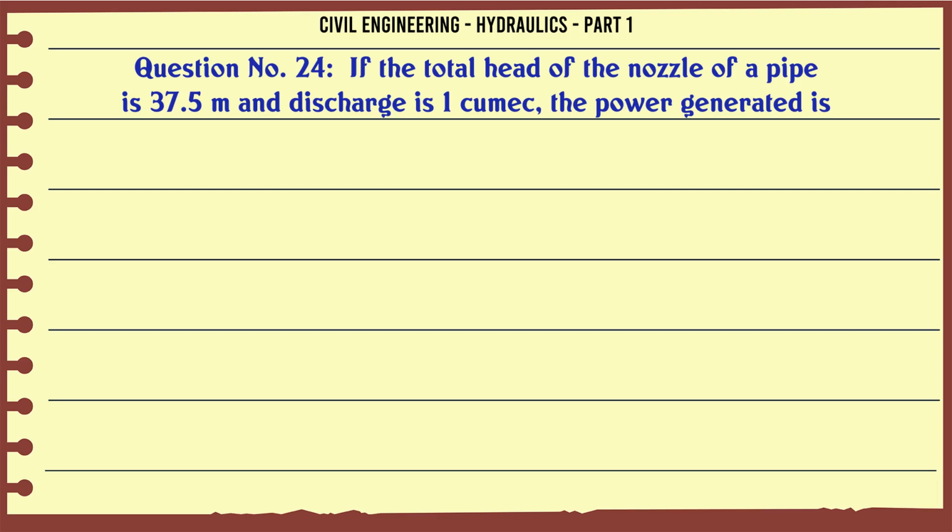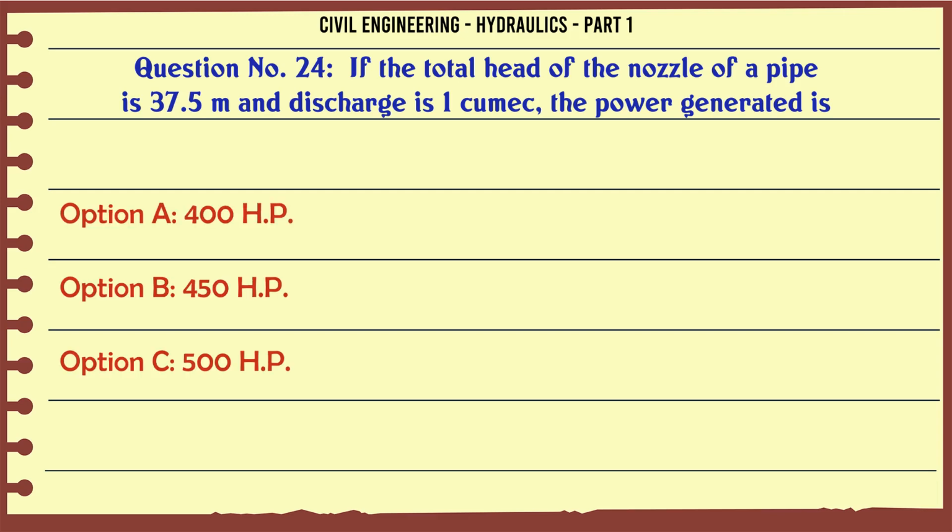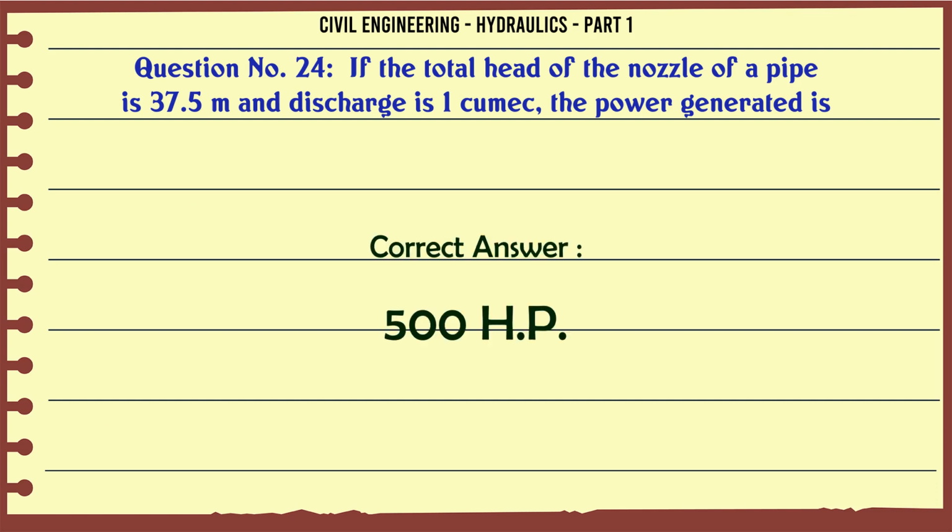If the total head at the nozzle of a pipe is 37.5 m and discharge is 1 cubic meter per second, the power generated is A. 400 HP, B. 450 HP, C. 500 HP, D. 550 HP. The correct answer is 500 HP.